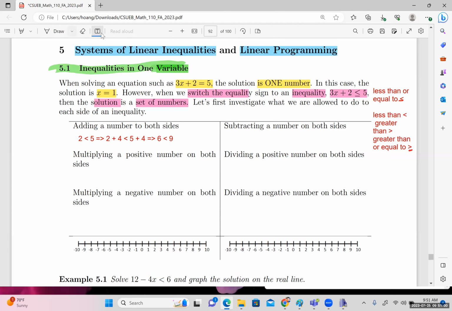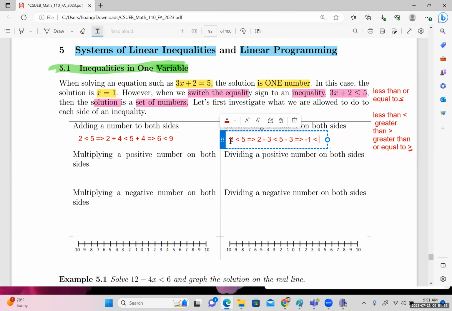What about subtracting a number on both sides? Keep 2 less than 5 again. Let's subtract 3 from both sides: 2 minus 3 is less than 5 minus 3.